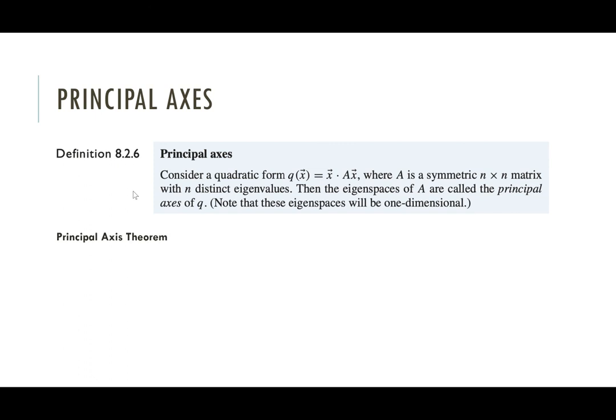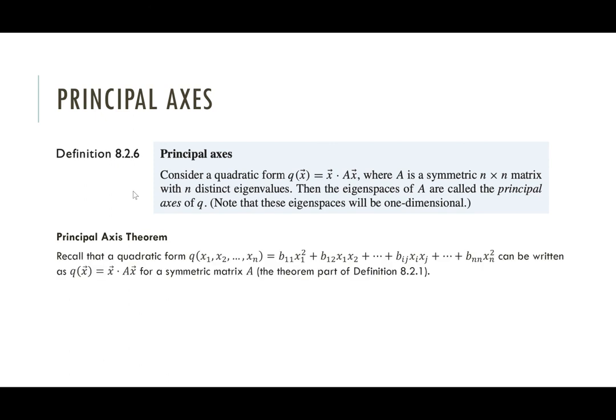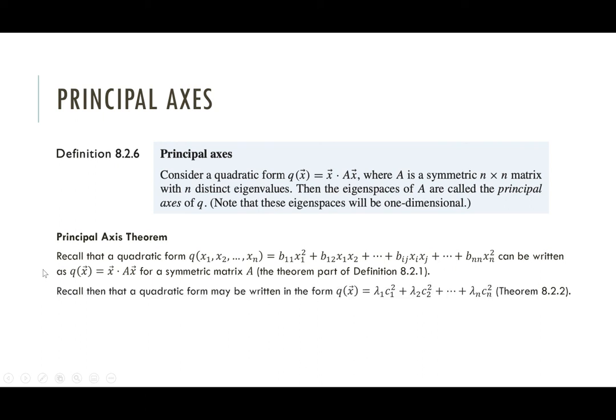And now I'm going to talk about the principal axis theorem. So recall, any general quadratic form can be written like so for symmetric matrix A. This was the theorem part of the theorem in definition 8.2.1. And then recall that any quadratic form can be written like so.